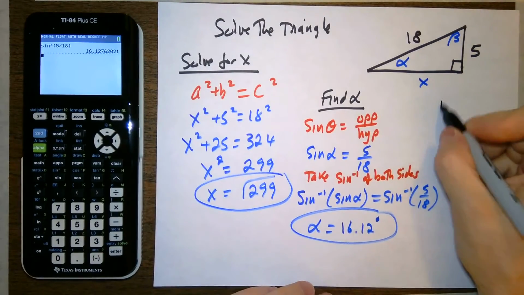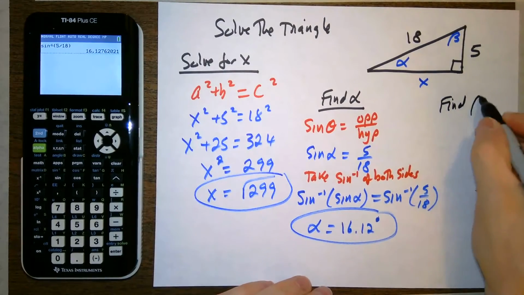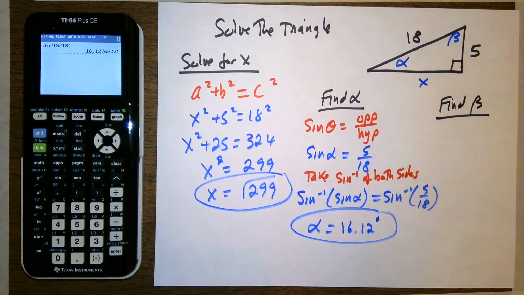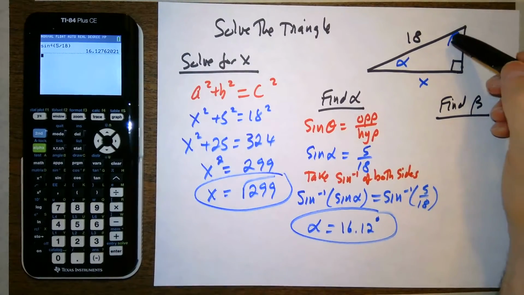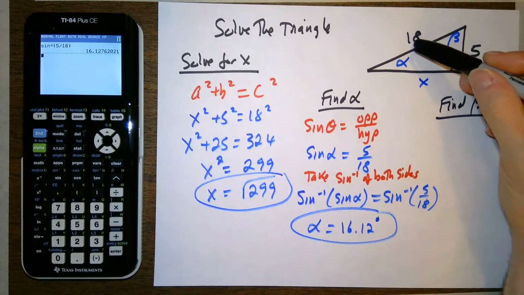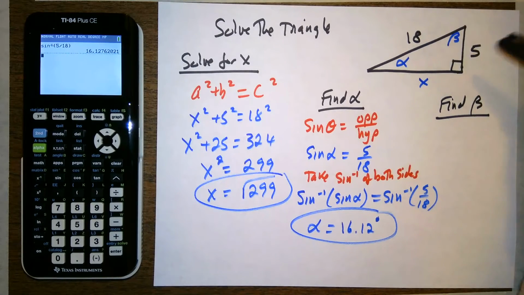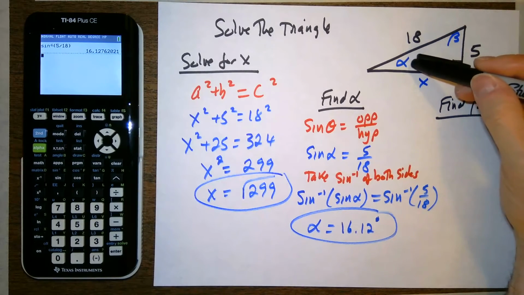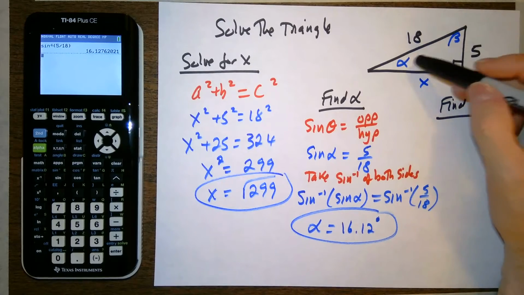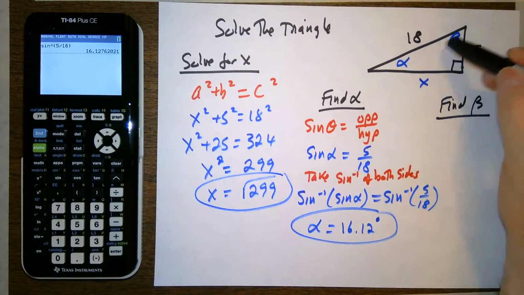So now let's find beta. I could use trig again. I've got an angle, adjacent, and hypotenuse. This could be a cosine problem. The cosine of beta equals 5 over 18. But now that I know alpha, this is 90 degrees, so alpha and beta have to be complementary.